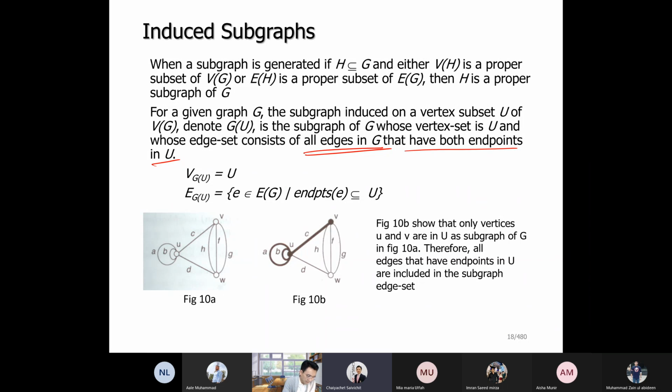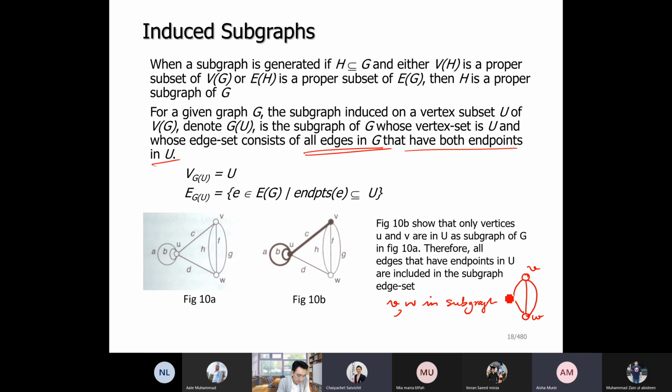Okay, if I have V and W in the subgraph, what would VW look like? We have VW, right? So your induced subgraph should be like this.